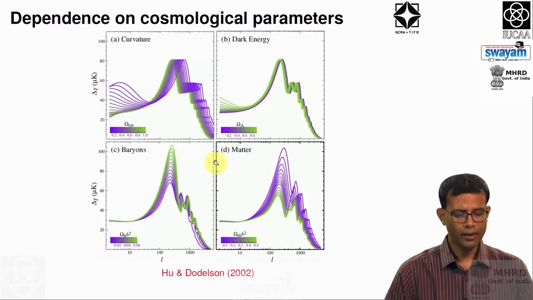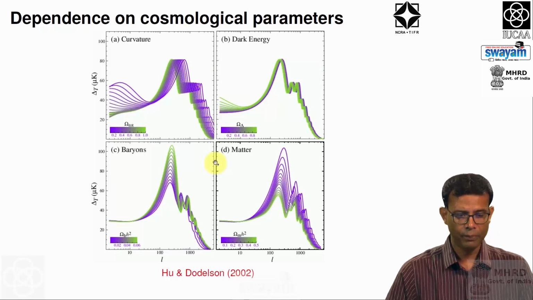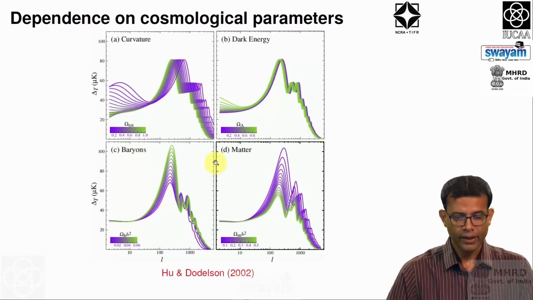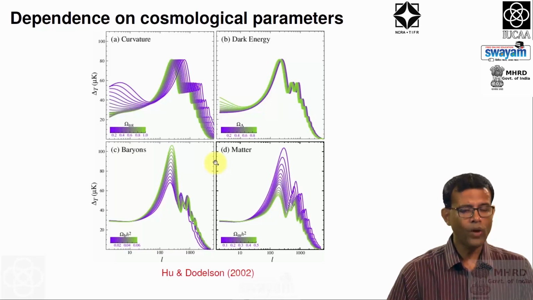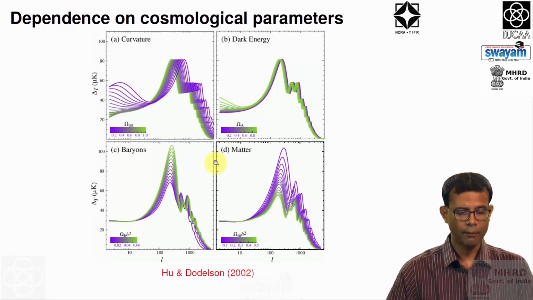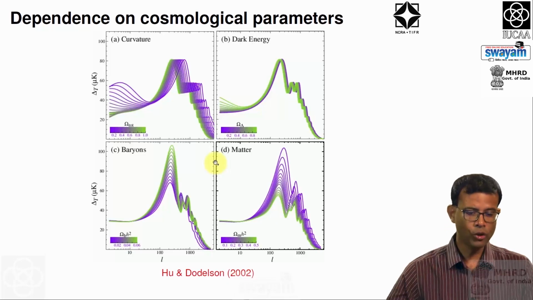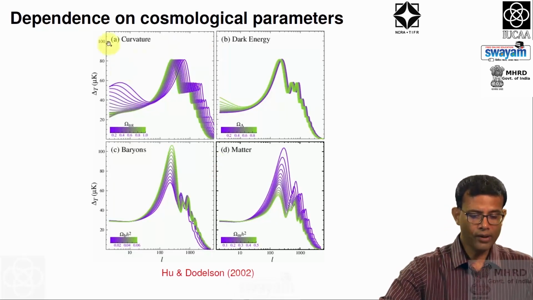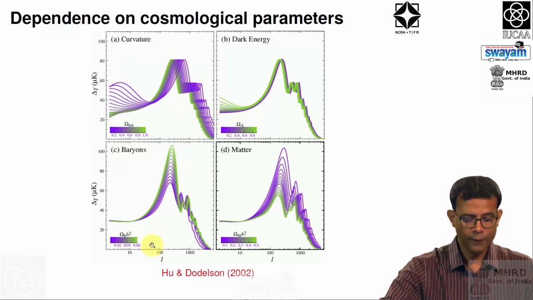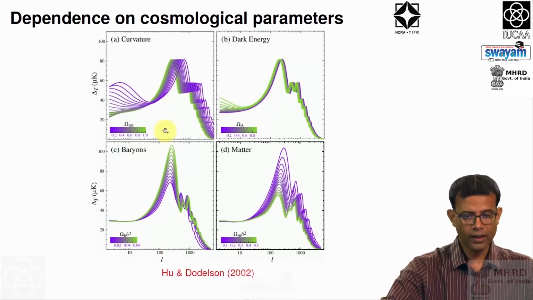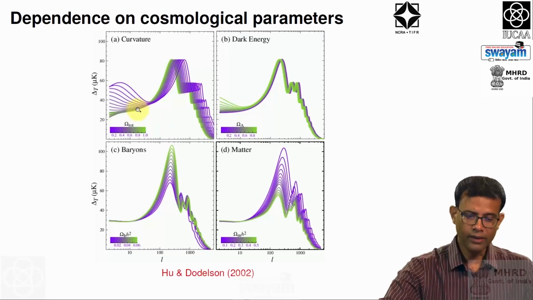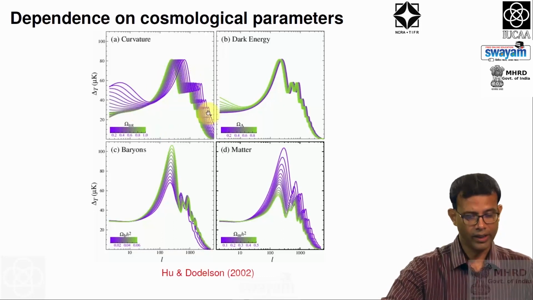Now, the importance of studying CMBR anisotropies, or these CLs, is that these CLs are quite sensitive to cosmological parameters, and that has been shown here. So, these are plots of CL versus L, and in each panel only one of the cosmological parameters is varied and the corresponding curves plotted.